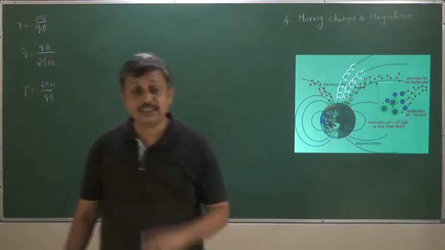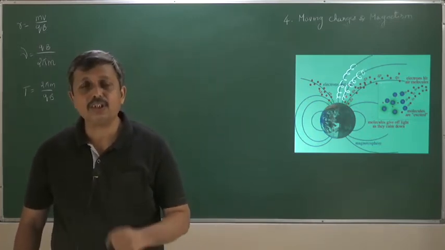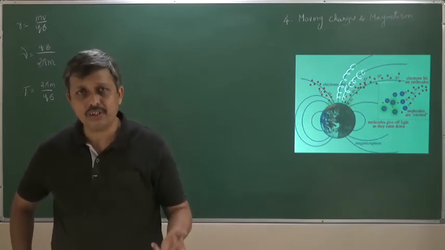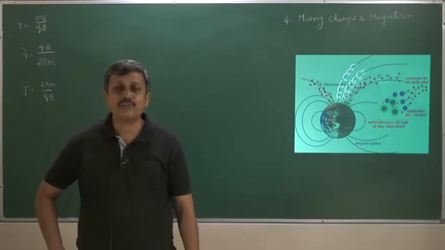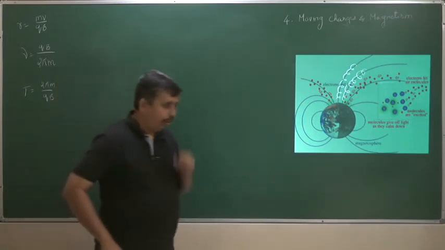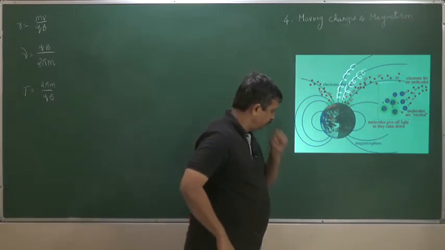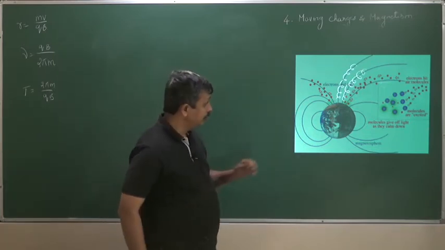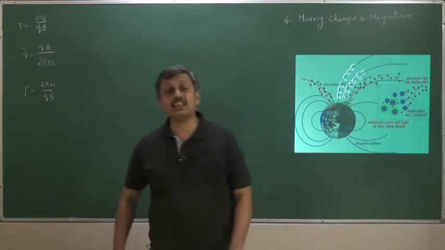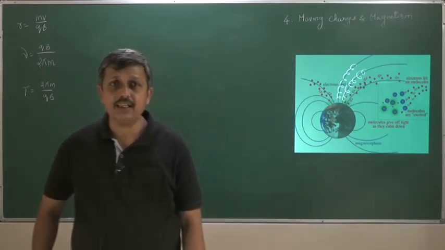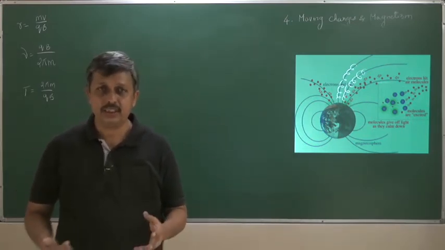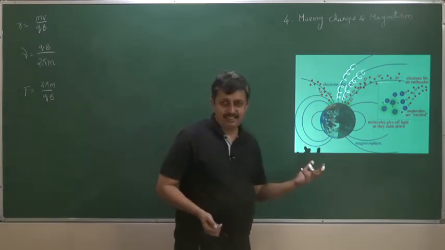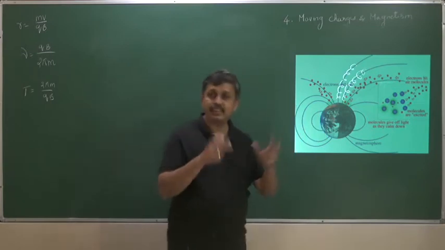These particles don't simply move. If they simply moved and there were no atmosphere, we couldn't have found anything. However, the atmosphere has oxygen and nitrogen, and both of them get excited by these charges hitting them.